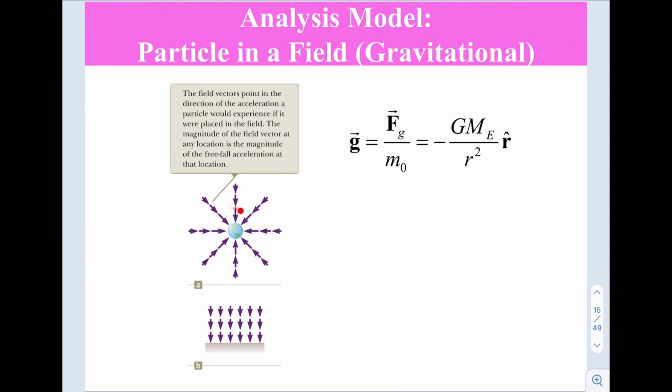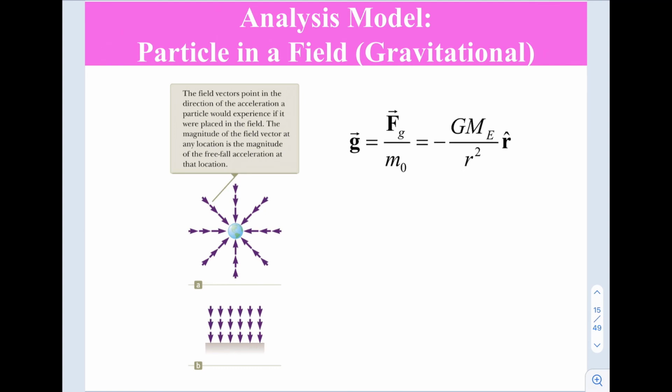Even though the object is not touching the Earth, in the field surrounding the Earth there is a field vector that points in the direction of the acceleration a particle will experience if it were placed in the field. The magnitude of the field vector at any location is the magnitude of free fall acceleration at that location, based on this formula or concept.